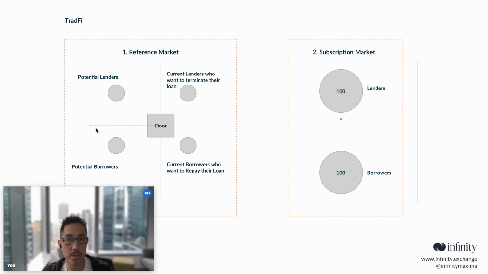This rate may go up or down based on the randomness of lenders and borrowers, or current lenders and current borrowers, coming to the door and wanting to leave or exit. This is a random process, or what we call a stochastic process. This is in contrast to the utilization-based model, which is more deterministic. It's a bunch of guys who've drawn some lines and said, this is where the interest rate is going to be.